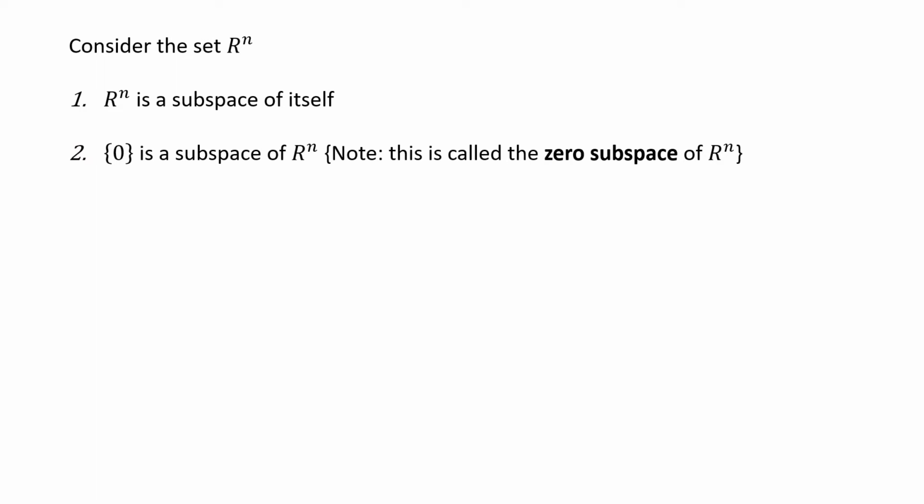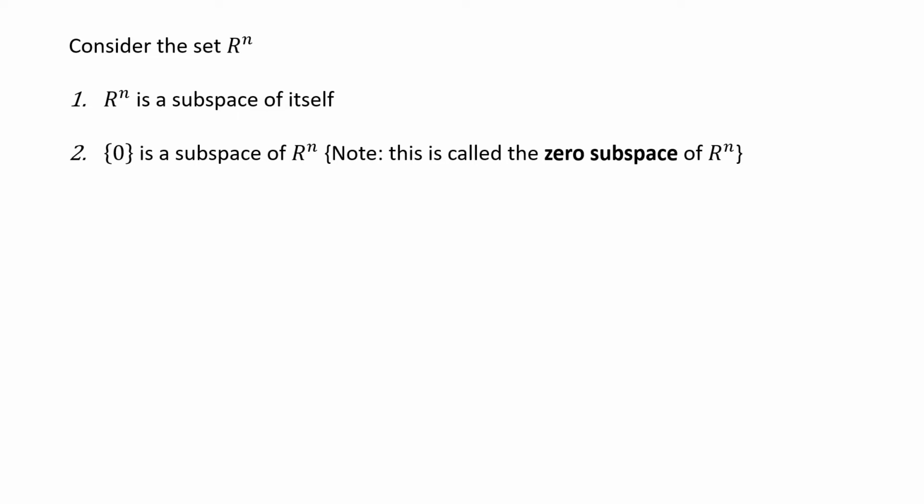A couple of properties of subspaces. First, Rn is a subspace of itself. So the entire set Rn, we do call it a subspace of itself. Okay? It does satisfy the three properties. And the second one, the zero set is a subspace of Rn.